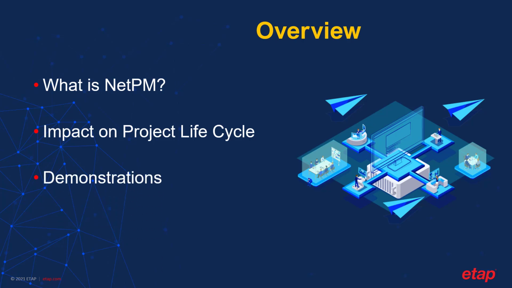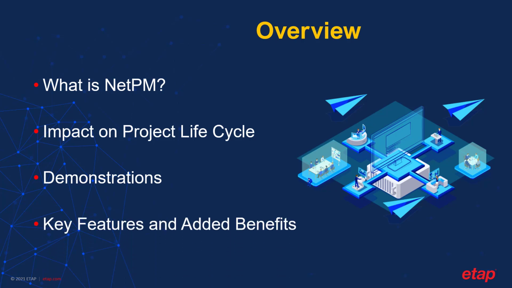And finally, we will work through an example where we'll see a manager and multiple team members concurrently collaborating on the same project. Along the way, we'll elaborate on key features and added benefits that come with NetPM, such as what can sync, data history and reversion, auto recovery, and server administrative tools.